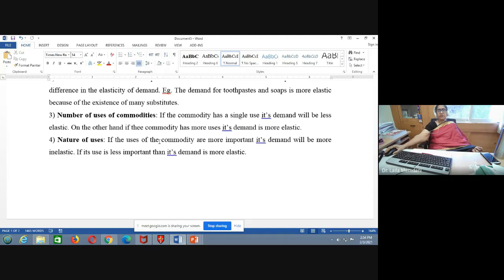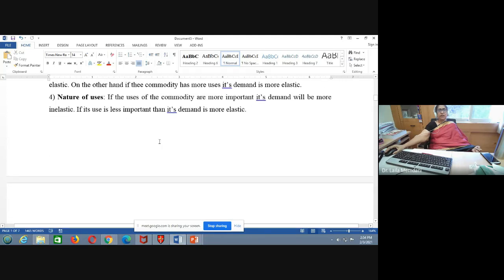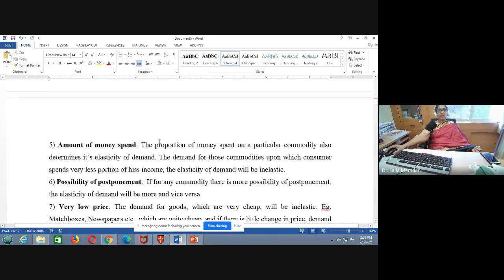If the use of the commodity is more important, its demand will be inelastic. If it is less important, its demand is more elastic. Like for petrol again, the use is more important. You have to reach your job in time, so you need to buy petrol, and therefore the demand is inelastic.